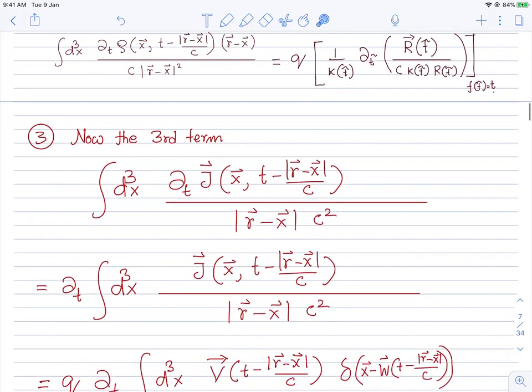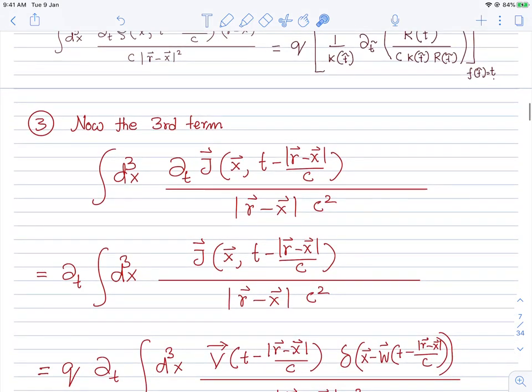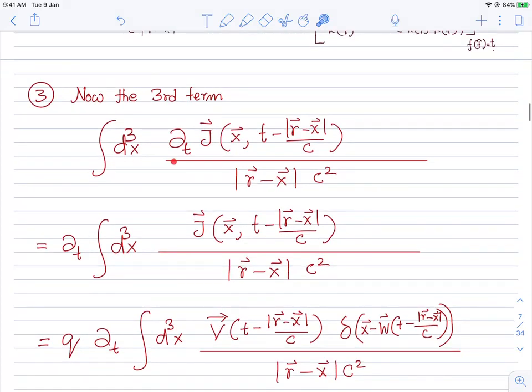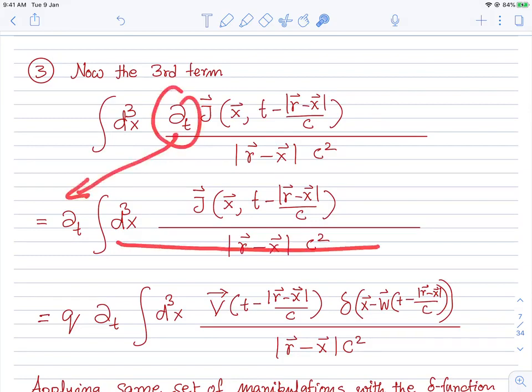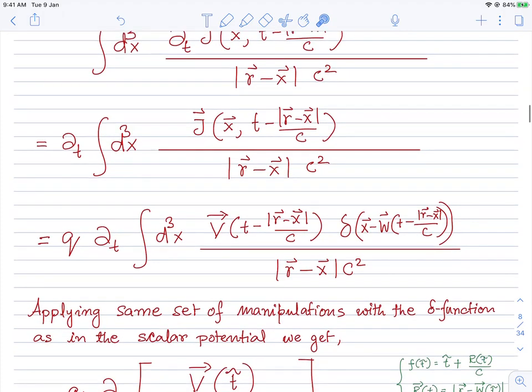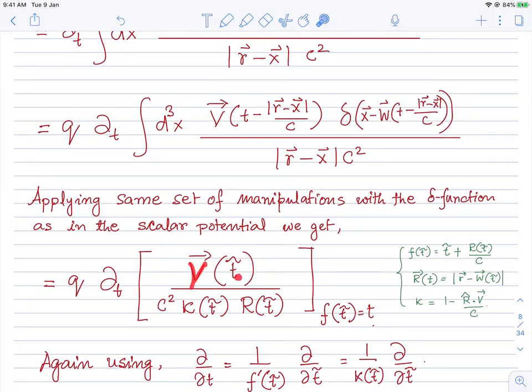Now let us see what happens to the third term, which is the derivative of the current density. Again we can do the same thing, take the derivative outside, and then we are left with an integral over the current density. The current density can be written as q times the velocity times the same delta function. Again, the same algorithm: change v to v of t tilde, divide by the factor of kappa, and there's a factor of r coming from here.